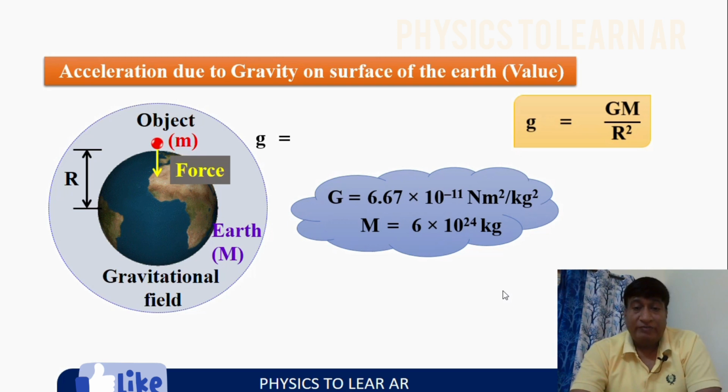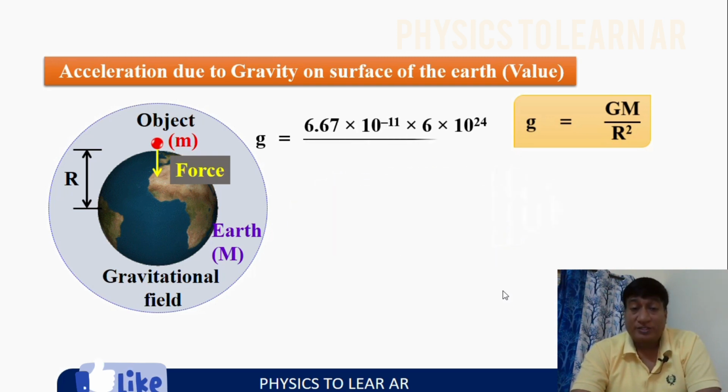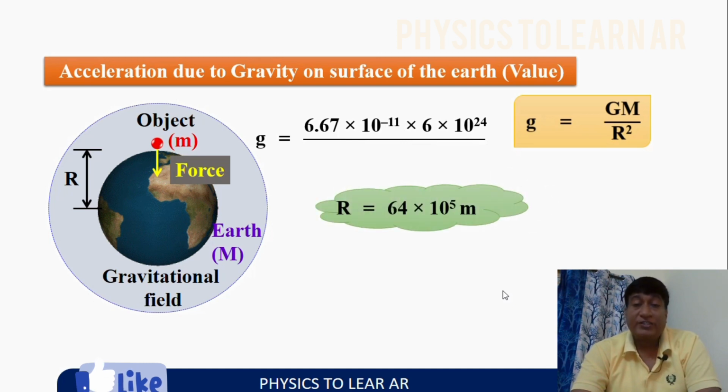We already know the values: capital G represents the universal gravitational constant, 6.67 into 10 to the power of minus 11 along with units, and the mass of the earth is 6 into 10 to the power of 24 kg. r represents the radius of the earth, which is 6400 kilometers. In terms of meters, r is 64 into 10 to the power of 5 meters.